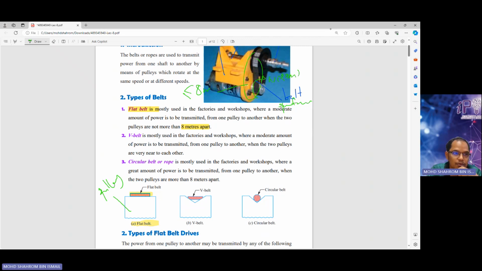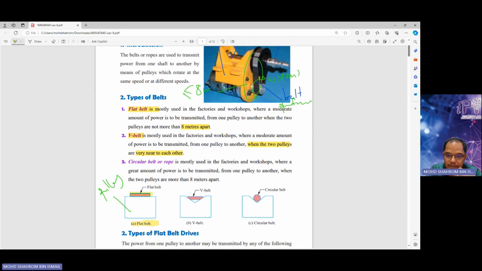For number 2, we have the V belt. V belt is mostly used in factories and workshops where a moderate amount of power is to be transmitted from one pulley to another when the two pulleys are very near to each other. So these two pulleys can be close together.